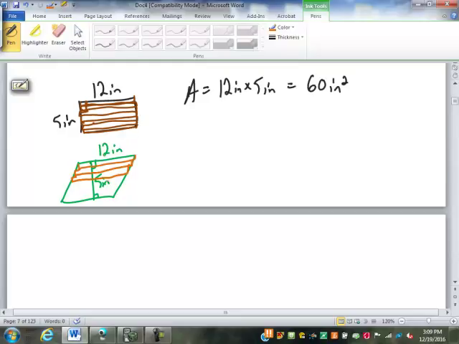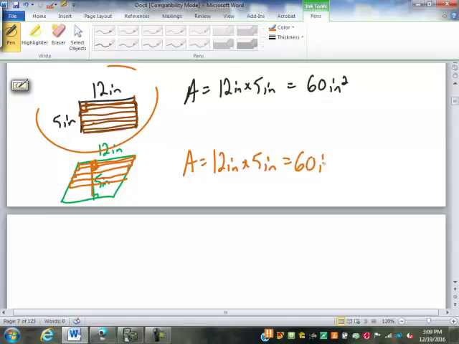No, it's going to be the same number of them. And if we make sure they're the same width, they're all still 12 inches long, the area that that's going to cover is going to be exactly the same as the rectangle. Notice that once again, the 12 and the 5 are perpendicular. They form a right angle with each other. So the area there is still 12 inches times 5 inches, or 60 inches squared.